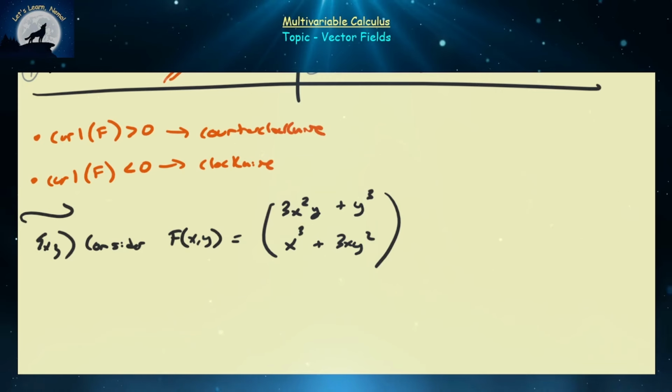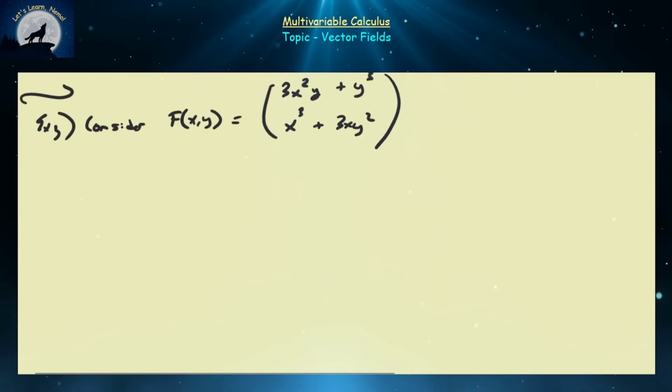For example, is it conservative? Does it have potential functions? Does it have rotational symmetry? What is the curl of this particular vector field? So take a moment and pause this video and see if you can find out any of the conclusions. Does it follow more of the behavior of the saddle surface, or does it follow more of the behavior of that rotational circular surface that we mentioned before?